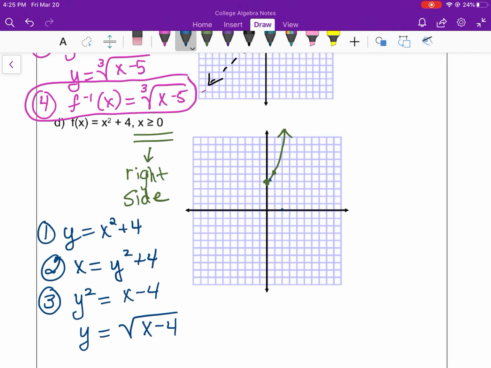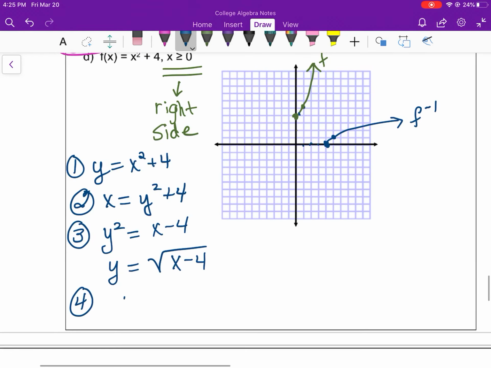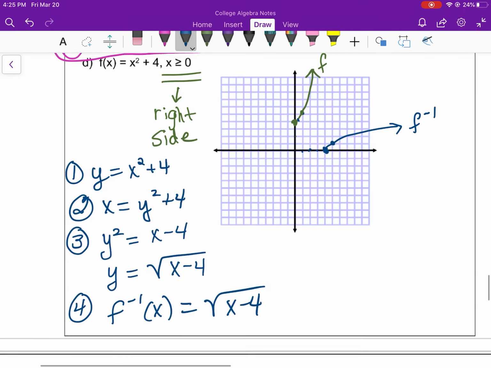Let's see here. 0, 4 was an ordered pair, so 4, 0. 1, 5 got me here, so 5, 1 would get me there. And there's my inverse. Okay, let's go back here. This is going to be f inverse. This is f. And I do need to finish out down here with step 4. And we've got it done.